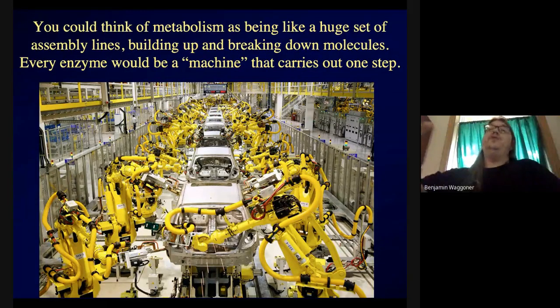And then that chassis moves to the next machine, which goes zip, zip, zip, and tightens 4 more bolts. And then it moves to the next machine, which brings the doors in and goes zip, zip, zip. I don't know how this works. I have never built cars, but every enzyme would be one of these machines carrying out one and only one step indefinitely, 24/7.